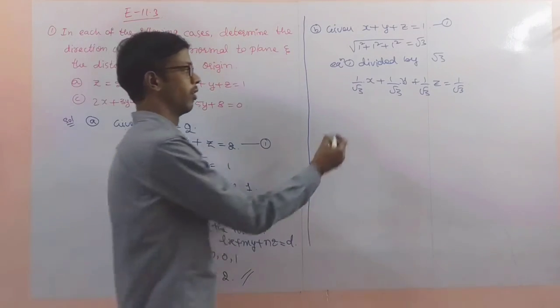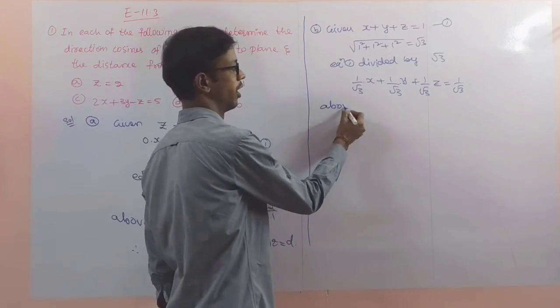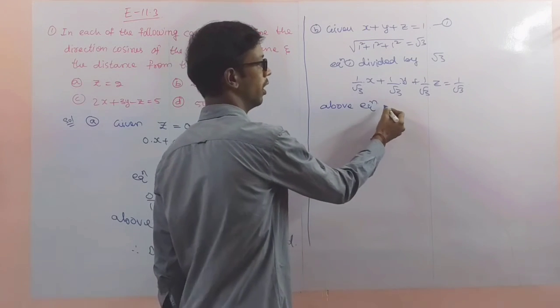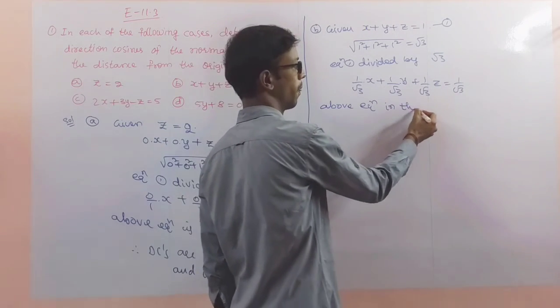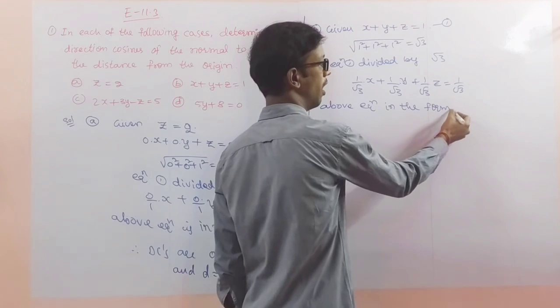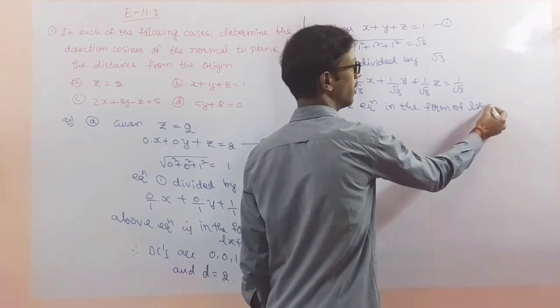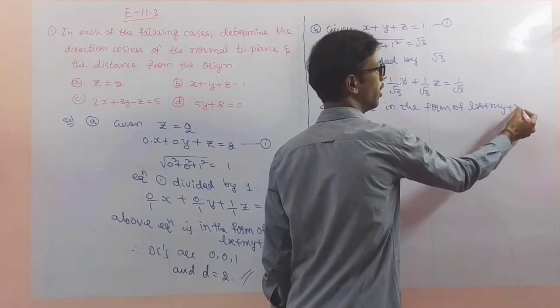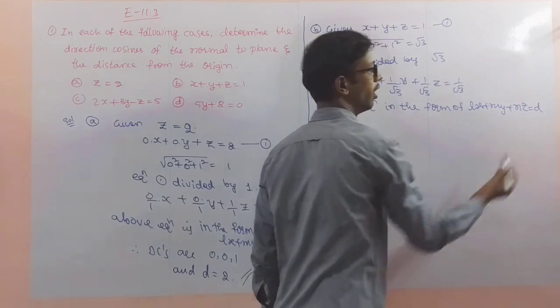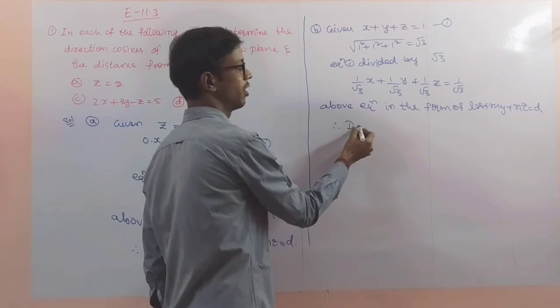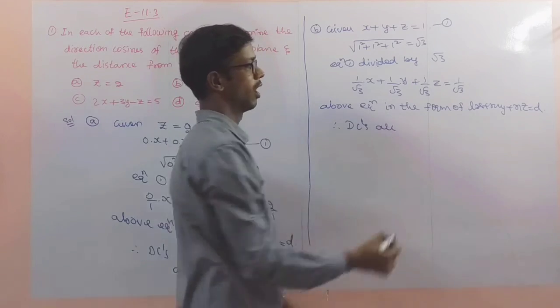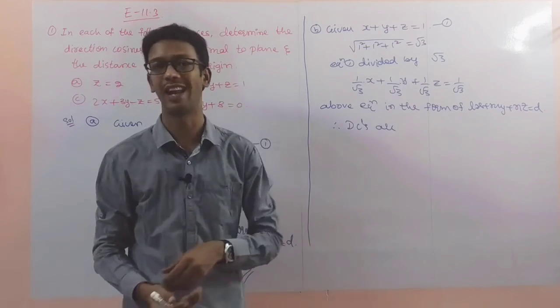The above equation is in the form of lx plus my plus nz equal to d. Therefore, comparing, l, m, n are the direction cosines.